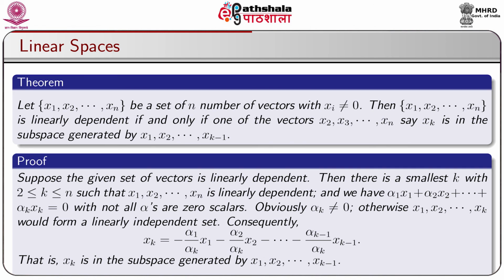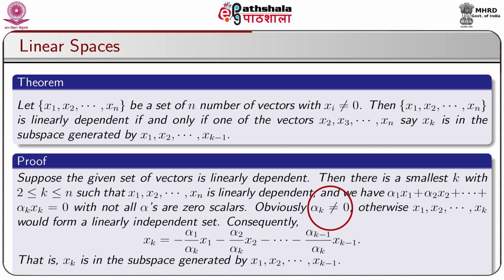Suppose the given set of vectors is linearly dependent. Then there is a smallest k, with 2 less than or equal to k less than or equal to n, such that x1, x2, ..., xk is linearly dependent, and we have alpha 1 x1 plus alpha 2 x2 plus ... plus alpha k xk equal to 0, with not all alpha i's being 0 scalars.